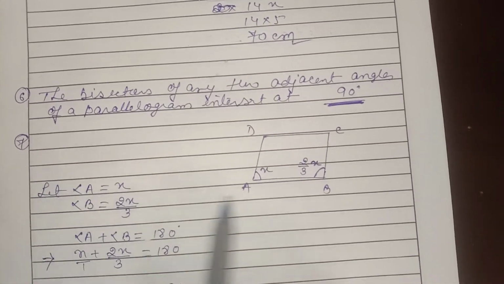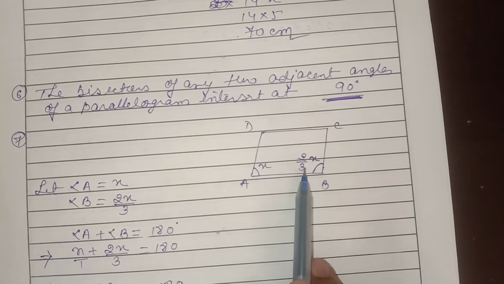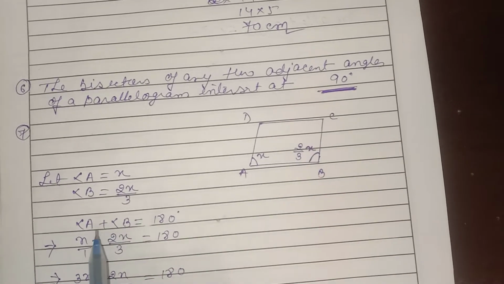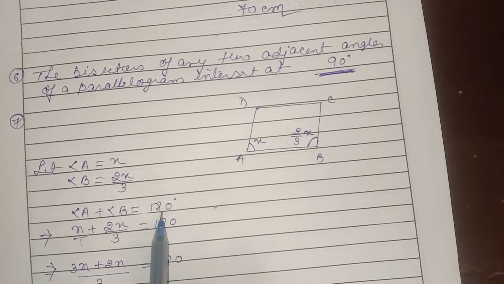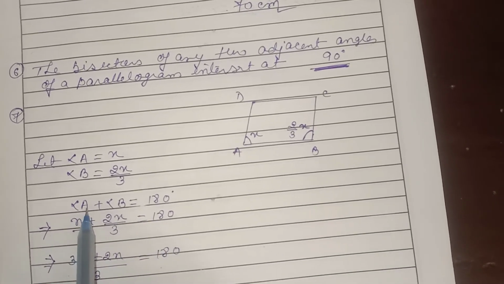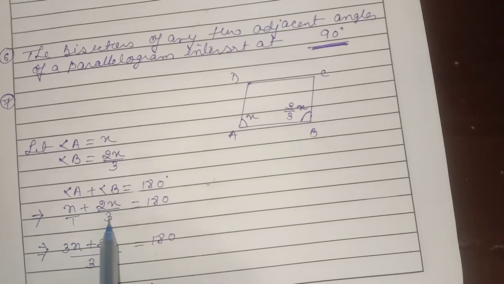Question number 7. If one angle is taken as x, the other will be taken as 2/3 of the other, that means 2/3 of x. And as we know that if we add A plus B, that is equal to 180 degree by the property of co-interior angle. In place of A, x, in place of B, 2x by 3.